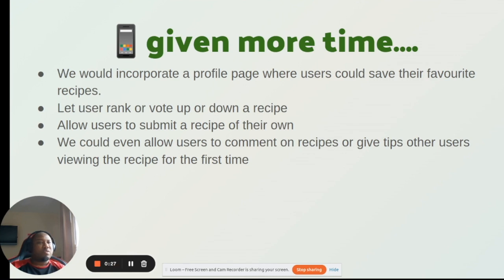We would also look to maybe allow users to submit a recipe of their own. We could even allow users to comment on recipes and leave tips for other users who might be viewing the recipe for the first time. So this application really has a lot of scope, and given more time, I'm sure there's a lot more we could have done with it.